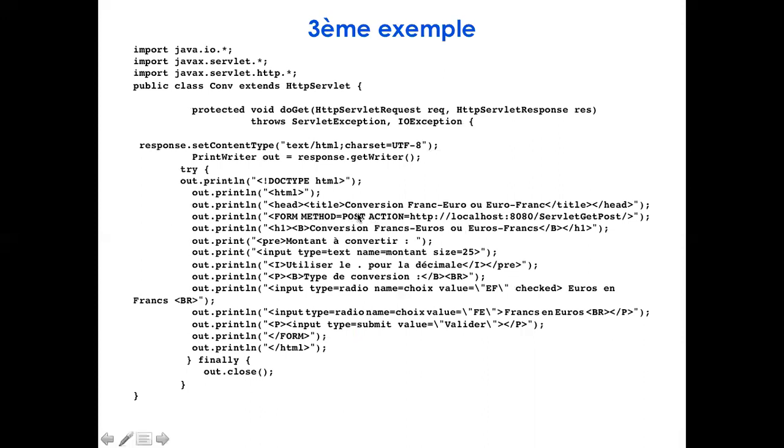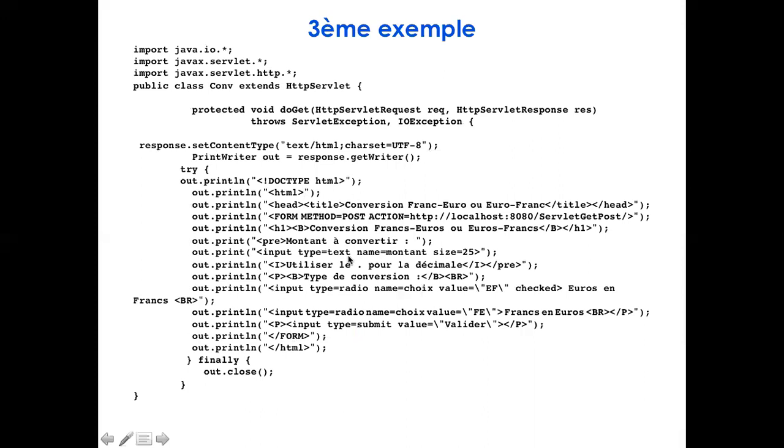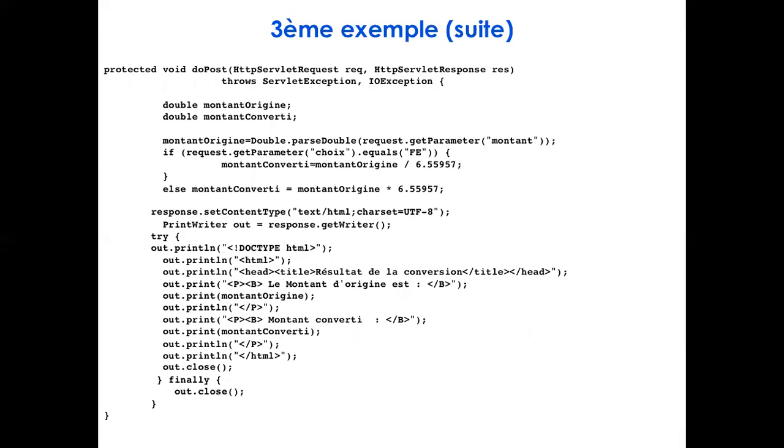So you call the post action and you call the same servlet, right? Then you make the different computations and you display the result. As you can see, the doPost behaves as a servlet, and the doGet behaves as the first HTML to trigger the servlet.